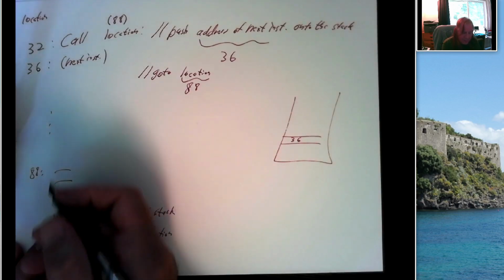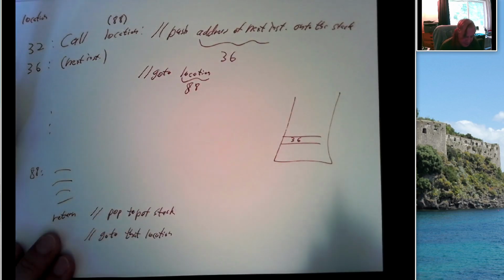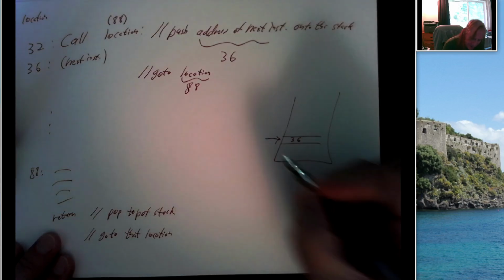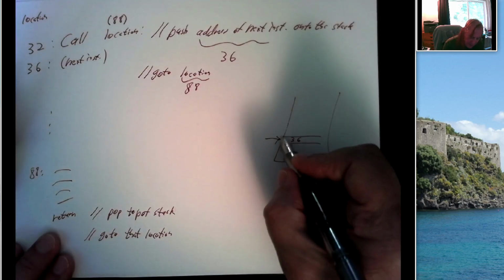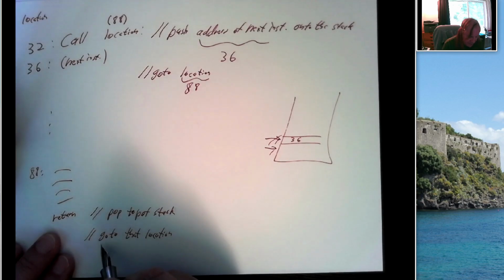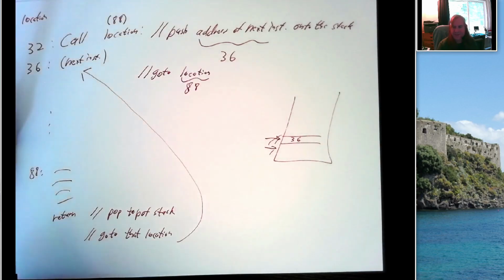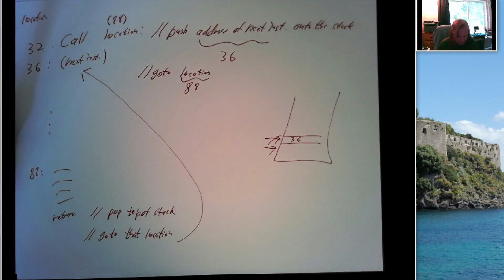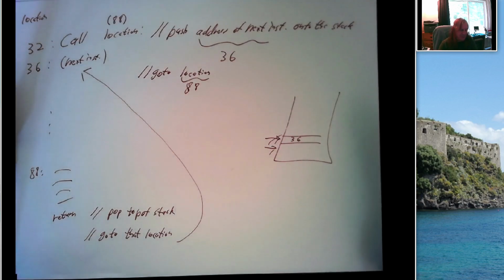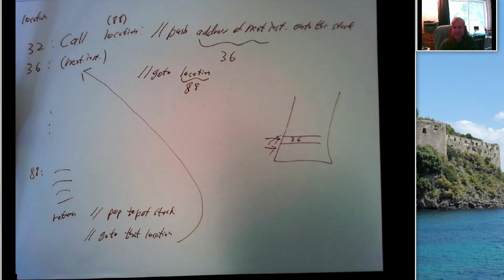So if nothing else has happened with the stack in here, when I get to a return, it's going to look at the top of the stack, see there's a 36 there, pop it off, and then it's going to go to location 36, which brings it up here right after the call instruction. And this happens for you automatically. So you can use call and return just like we call functions and return from functions in C. But we need to understand how this is happening.